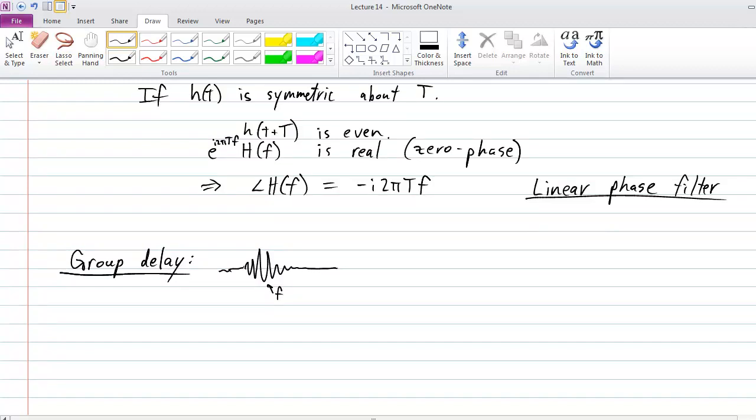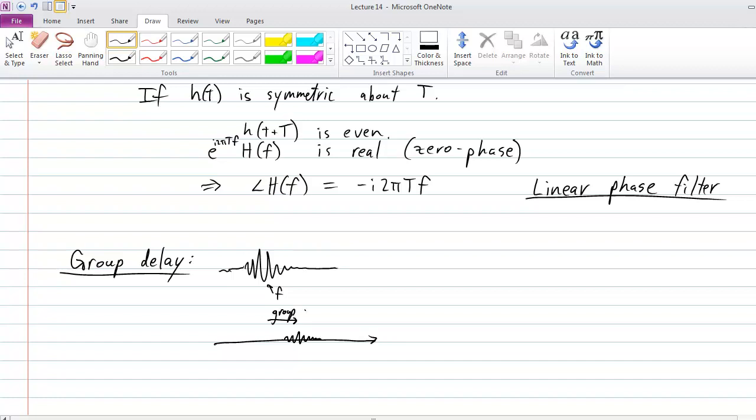This isn't just a pure frequency, but if you look at the Fourier transform of this, it's going to be concentrated around f. And when I pass this through my filter, I end up with a scaled version of this thing, often delayed by some amount. Let me draw it scaled, so maybe it was cut down a little bit here. And this delay here we call the group delay.